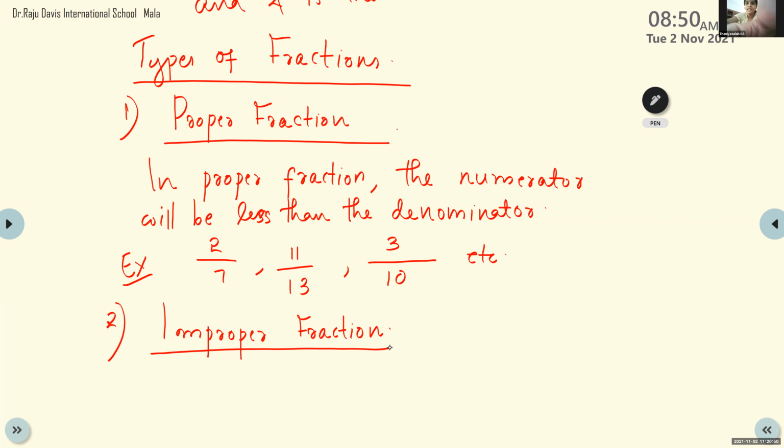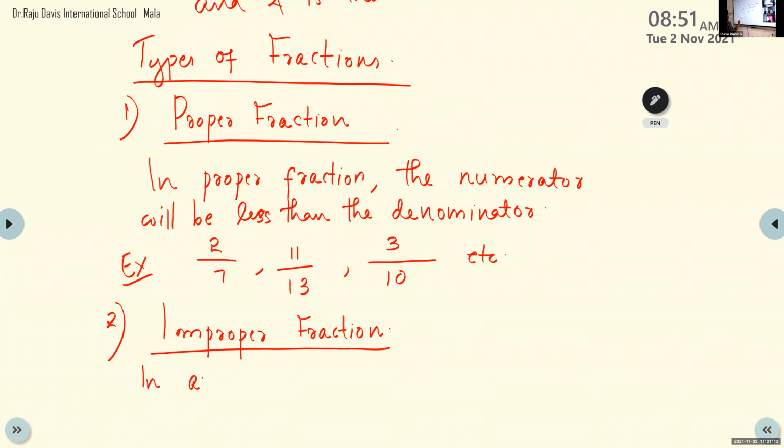Which is not proper. The numerator will be larger than the denominator, and the denominator will be less than the numerator.